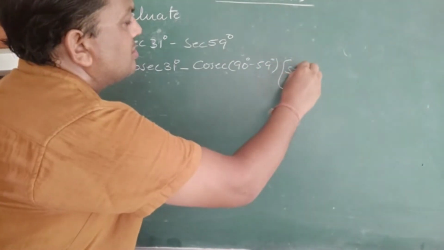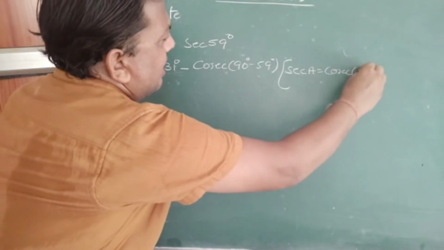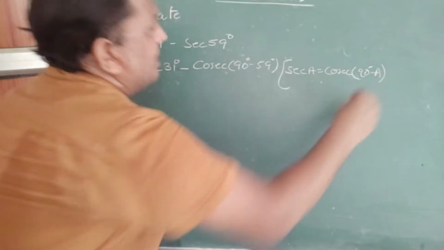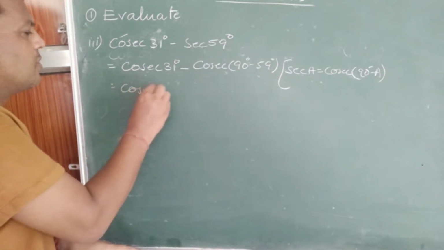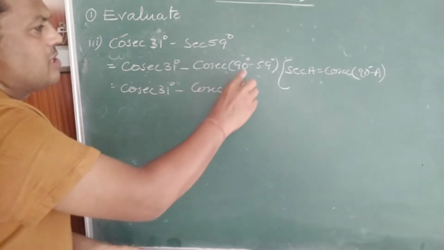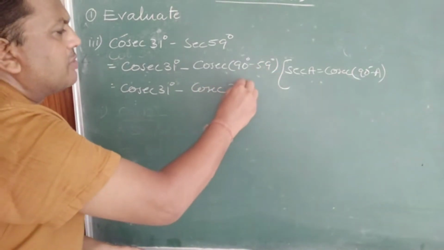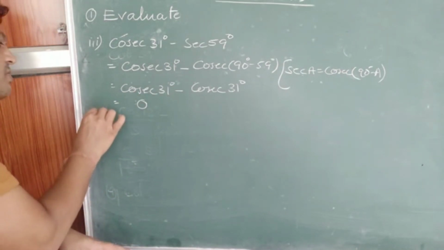Because sec A is equal to cosec 90 degree minus A. That is the formula. Okay, children. So here cosec 31 degree minus cosec of 90 minus 59, which is the same 31 degree. Cosec 31 minus cosec 31 is 0.